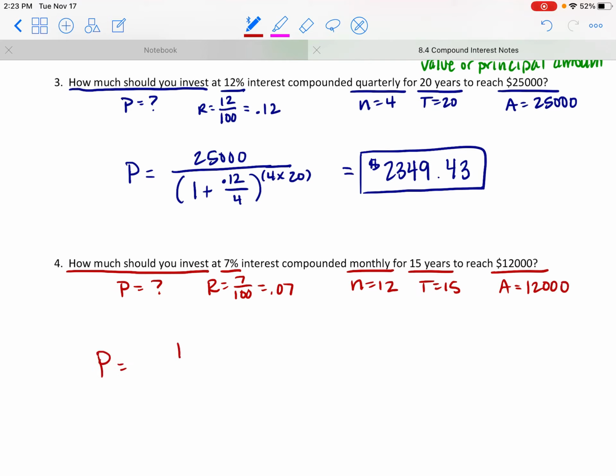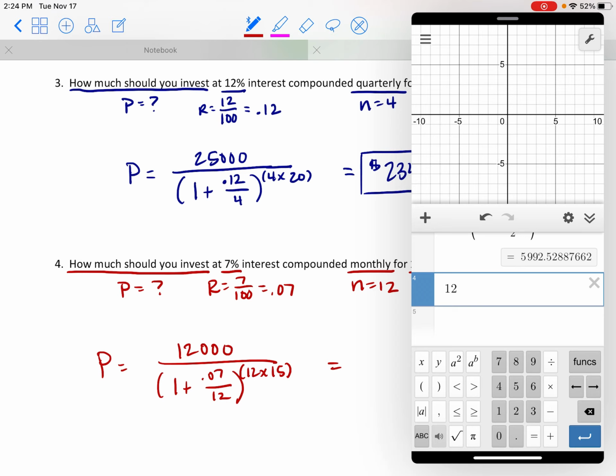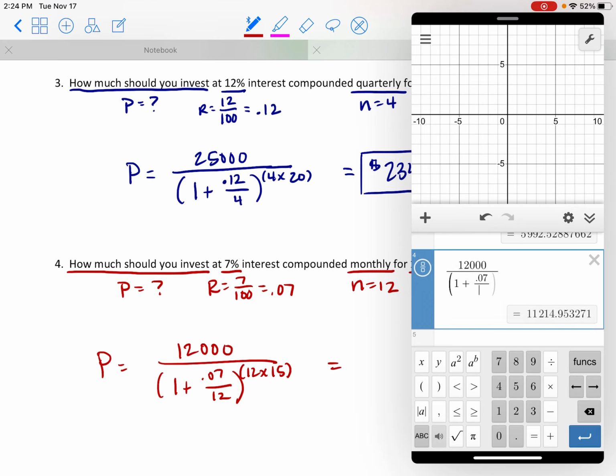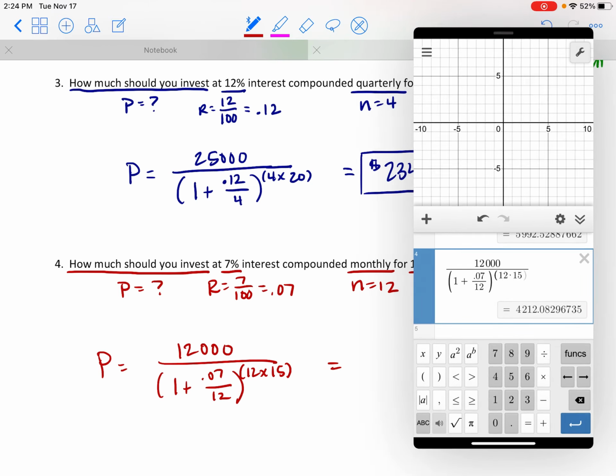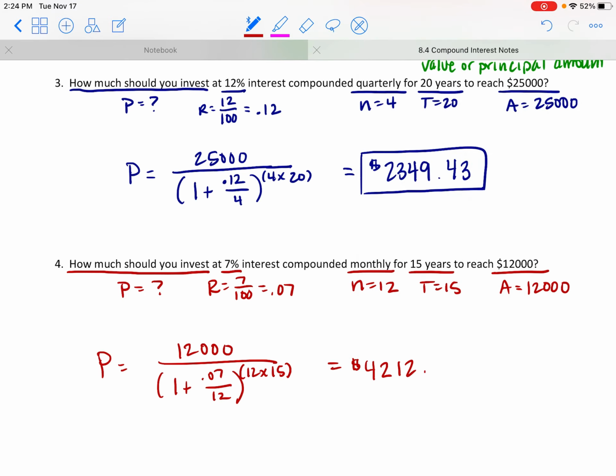So P is going to equal 12,000 over 1 plus 0.07 over 12, raised to the 12 times 15, n times t, power, and it's calculator work from there. So 12,000 divided by 1 plus 0.07 over 12, and then raise that to the 12 times 15 power, and we have $4,212.08.